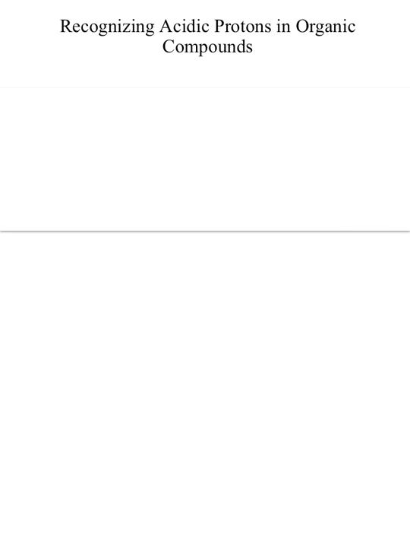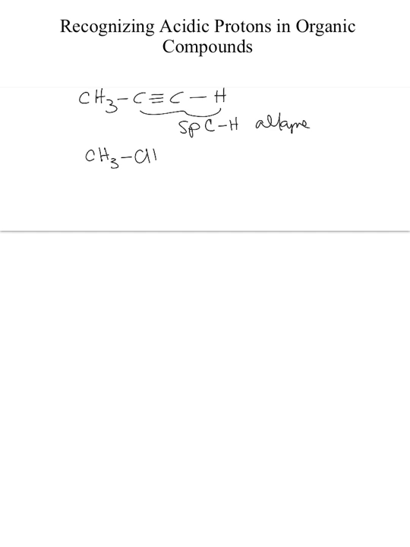Recognize the acidic protons in organic compounds. The acidic compounds you've seen so far are the sp carbon hydrogen of an alkyne. You've also seen alcohols can be considered acidic protons, but you have to have very strong bases for both of these.